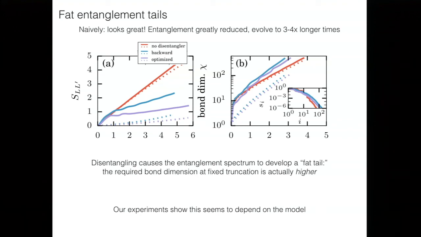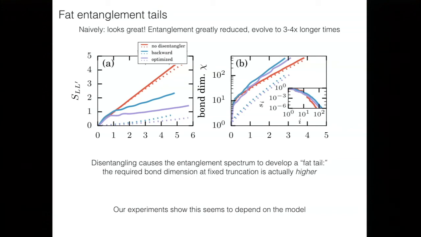This is the log of the Schmidt values of the entanglement spectrum, so this is the most important one here, and then these are the less important Schmidt states. And you find that rather than decaying rapidly, the entanglement spectrum develops a fat tail. So even though entanglement is reduced, this fat tail is not very amenable to truncating based on bond dimension.